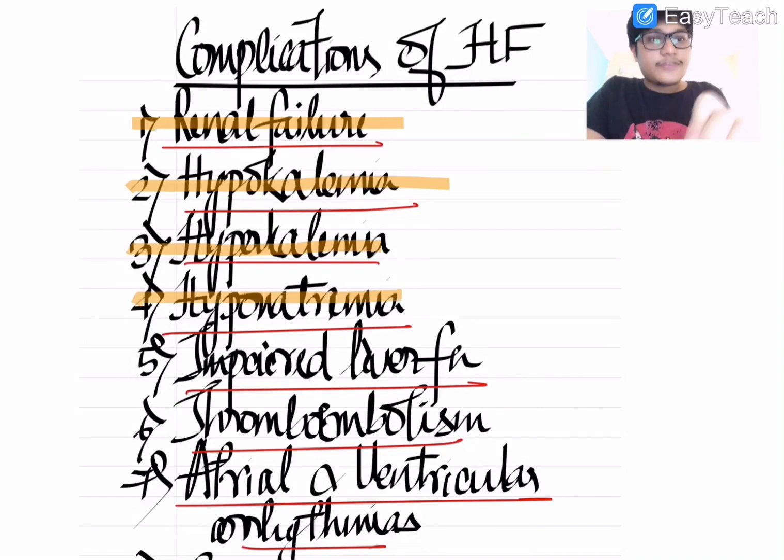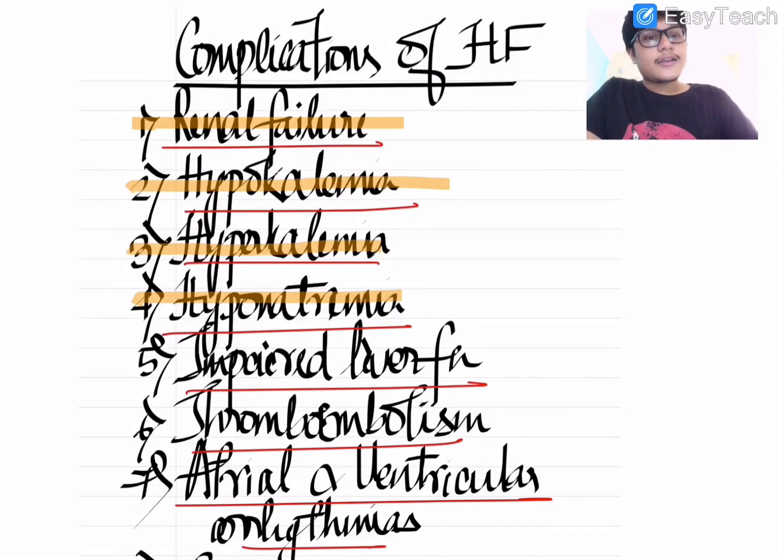Next is hyponatremia. Hyponatremia may be caused again due to drug therapy, or it may be caused due to the vasopressin, which will lead to extracellular fluid expansion, leading to hyponatremia.